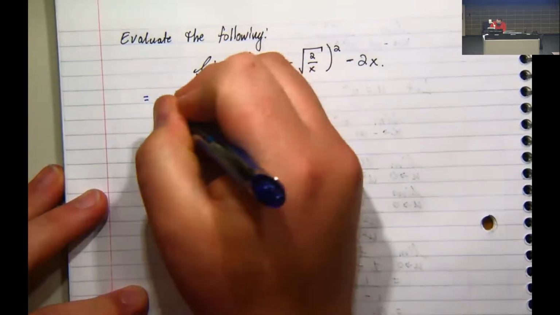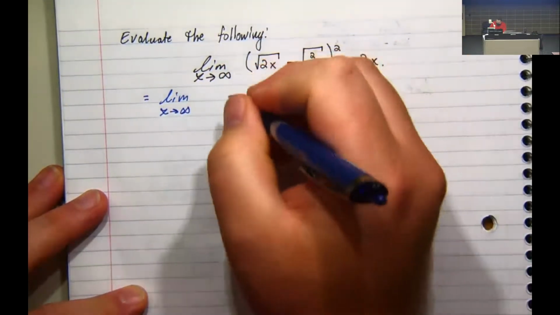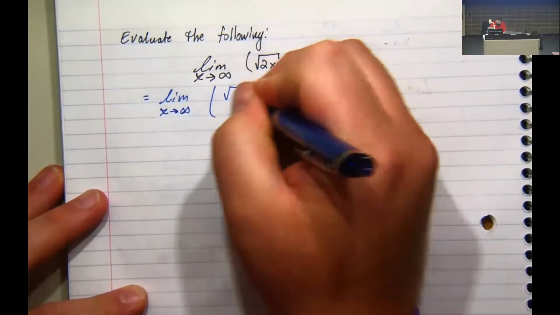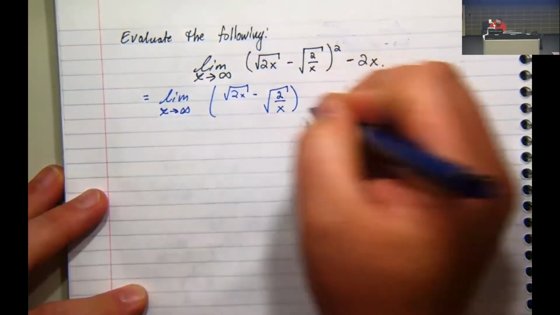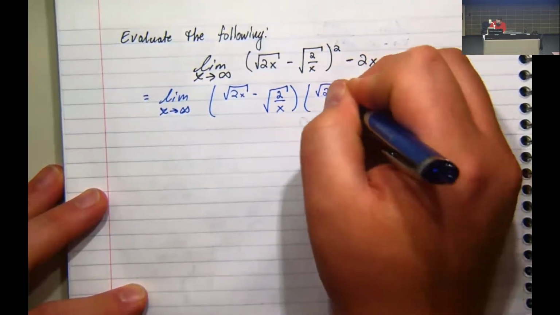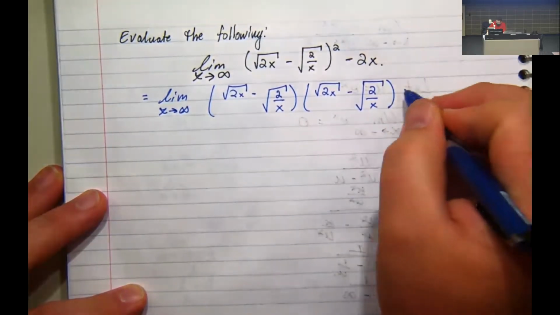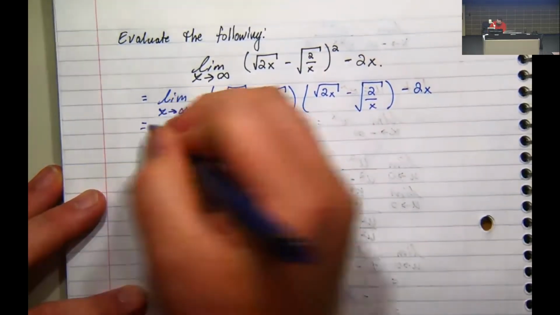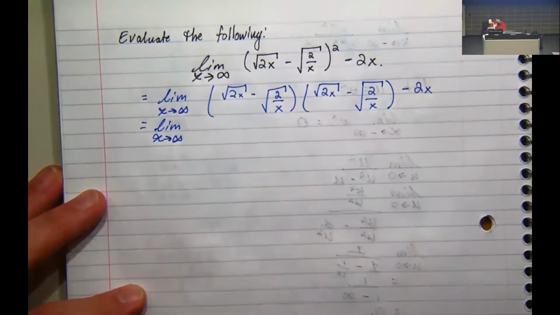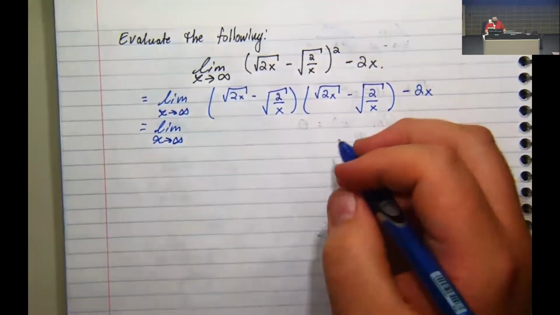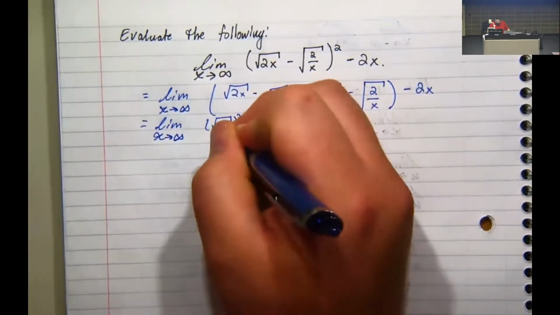So this is equal to the limit as x goes to infinity of square root of 2x minus the square root of 2 over x, and write that out again, minus 2x, equals the limit as x goes to infinity of root 2x times root 2x, which is just 2x, but we will write it out for completion.